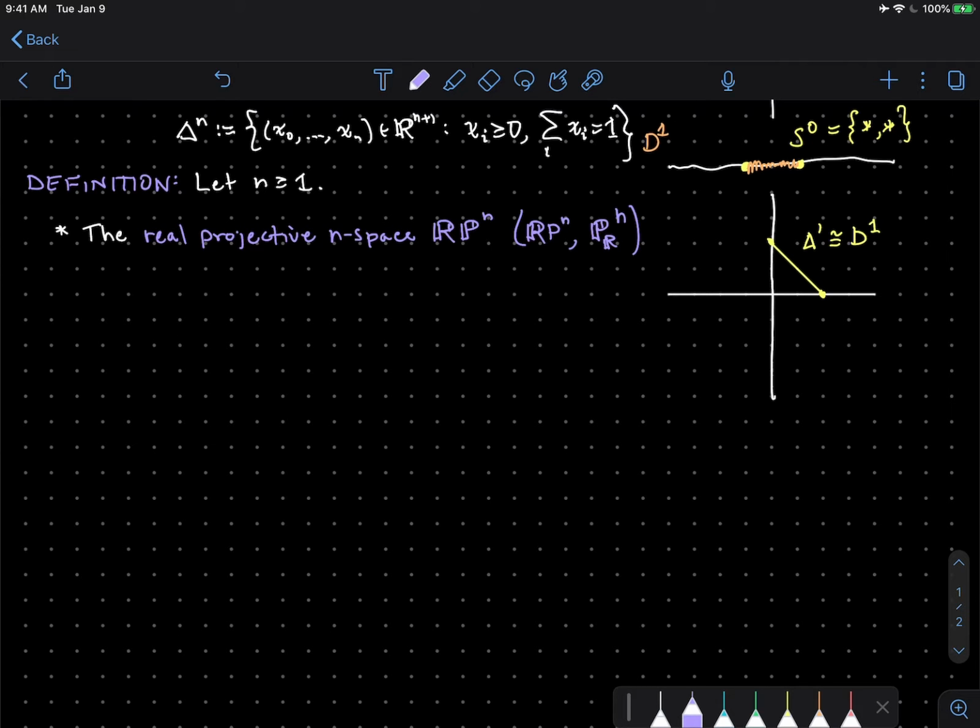It should be pretty clear that we're talking about projective space. So this is going to be a quotient space. Well, there are a number of ways we can present it, but let's say for the time being that RPn is going to be the set of lines through the origin.